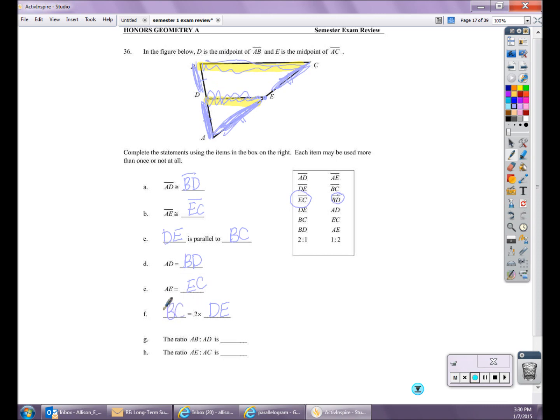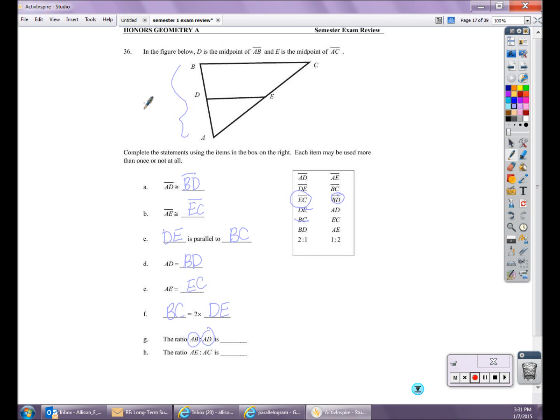I'm still looking. BC's on the list. BE's on the list. I'm still good. And G and H have the word ratio. AB to AD. Sometimes this can get a little bit confusing. I don't know if it's a 1 to 2 or a 2 to 1. So all I do is I just put in numbers.